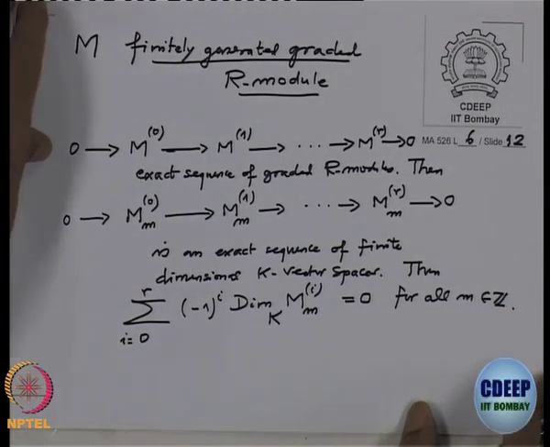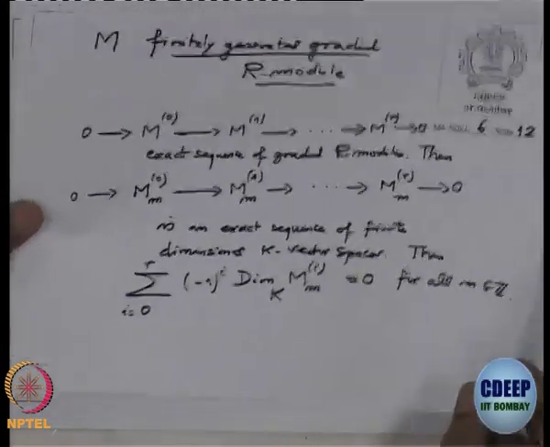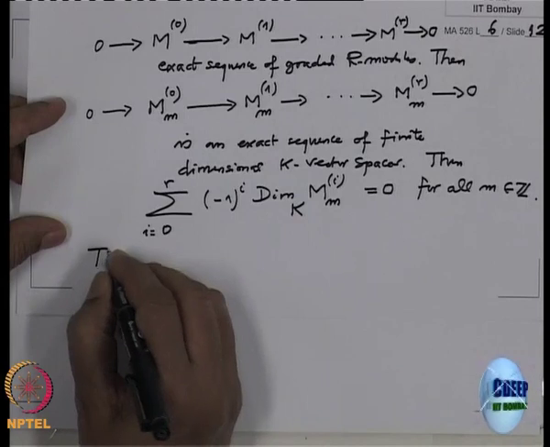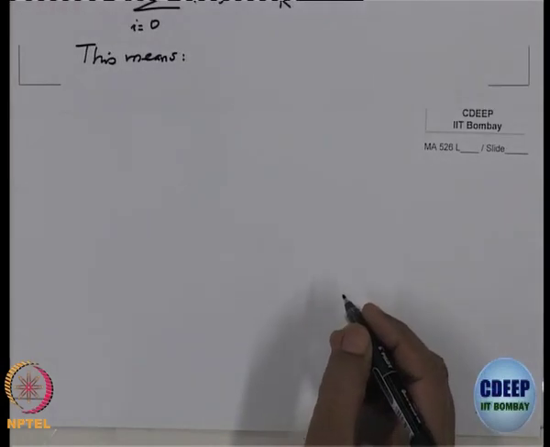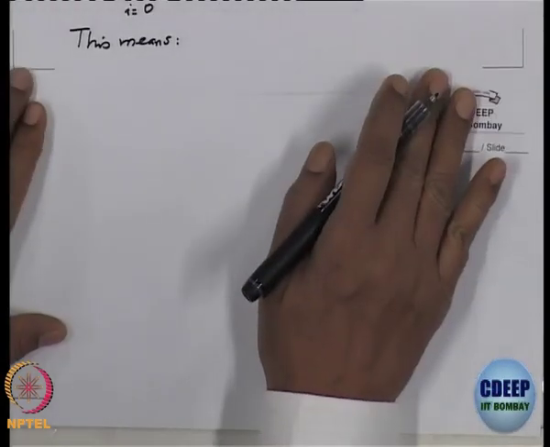But this means what? This precisely means that if I take the Poincare series, the alternating sum of P_{M_0}, P_{M_i}, these are all 0, because P_M is by definition this.